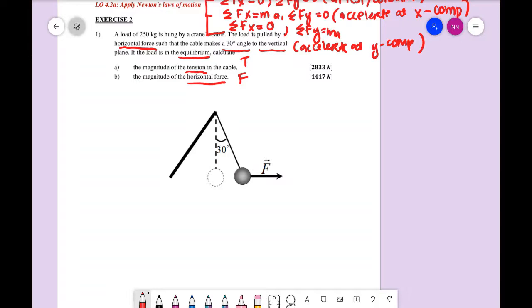This load has weight, of course, downward, and then it has tension because this is the cable. Along the cable there is tension, and then this is the horizontal force F.